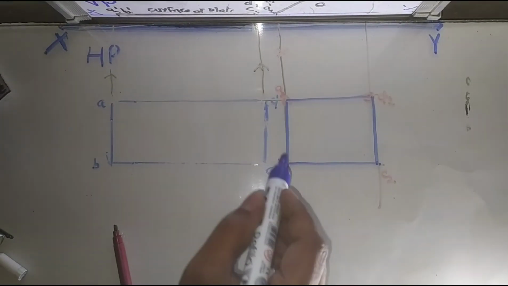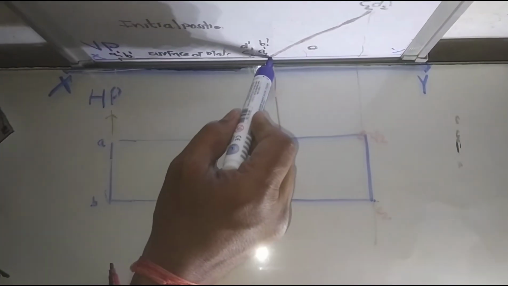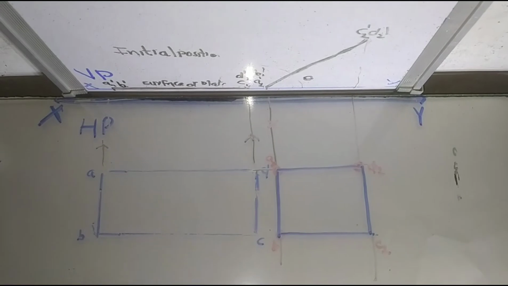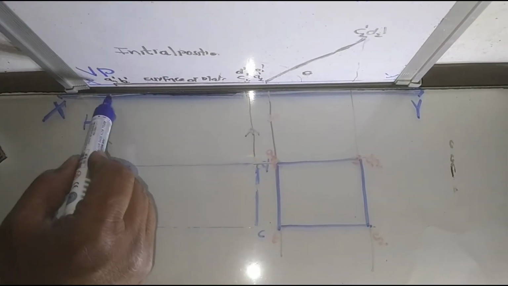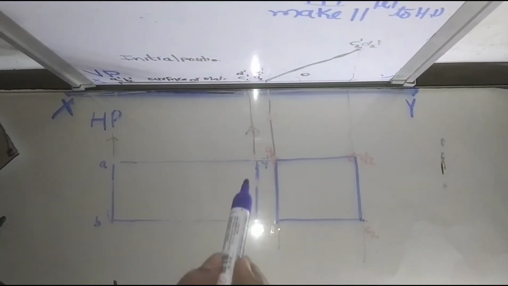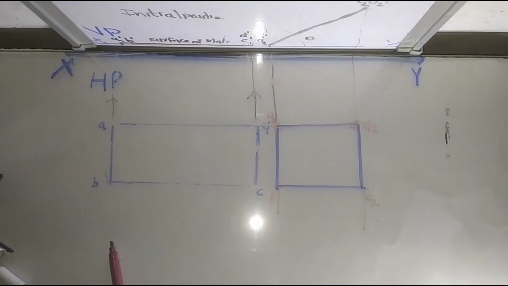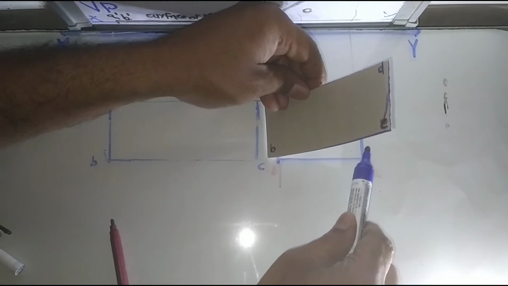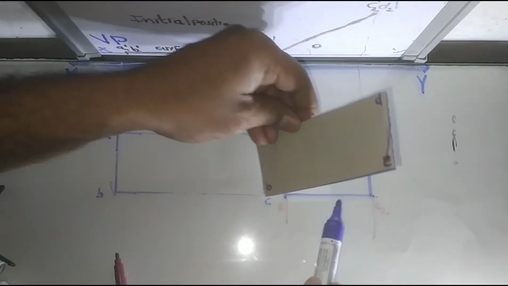It is resting on one of its shortest edges. Which is the shortest edge here? This is A and B. It is perpendicular to VP, so a single point is observed here. Here also a single point is observed because it is perpendicular to HP. Now this plate is inclined to HP, so this image is observed here, but we have to make it parallel.